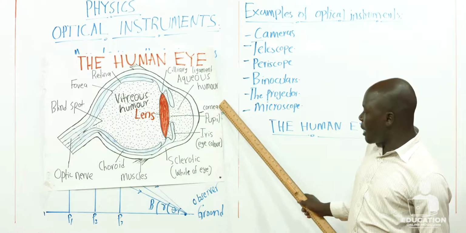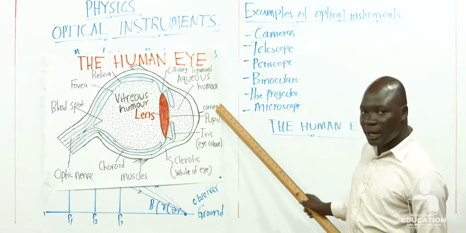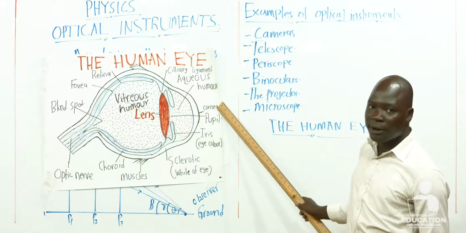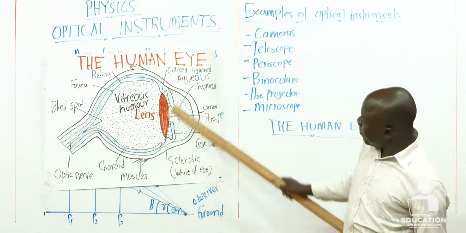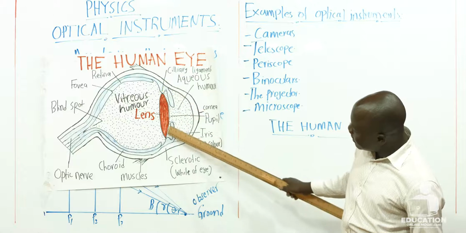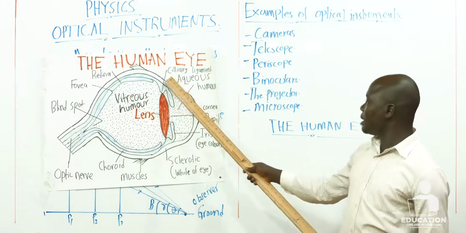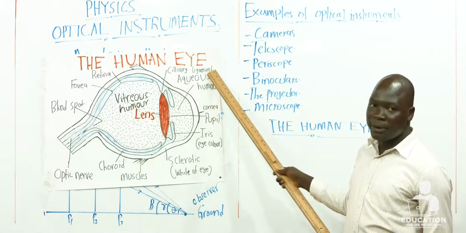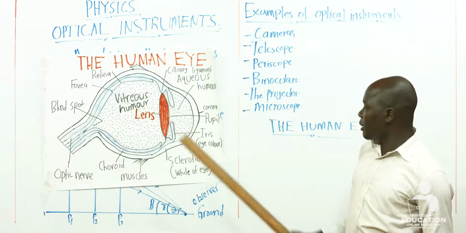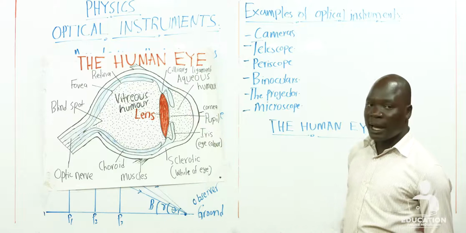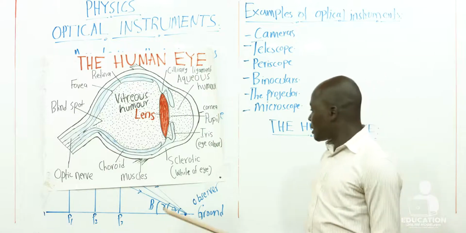Then the outer part of the human eye is called the cornea. The part to which the eye lens is attached is called the ciliary ligament. Then in the human eye, there are some fluids that are always found.